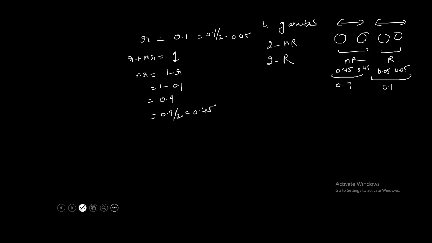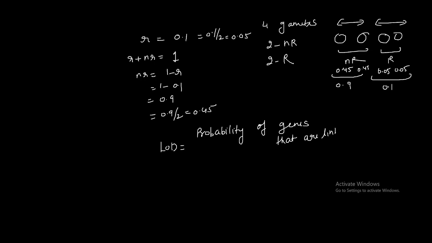Okay. So now coming to the LOD ratio. What is the probability of genes that are linked, and probability of genes which are not linked?